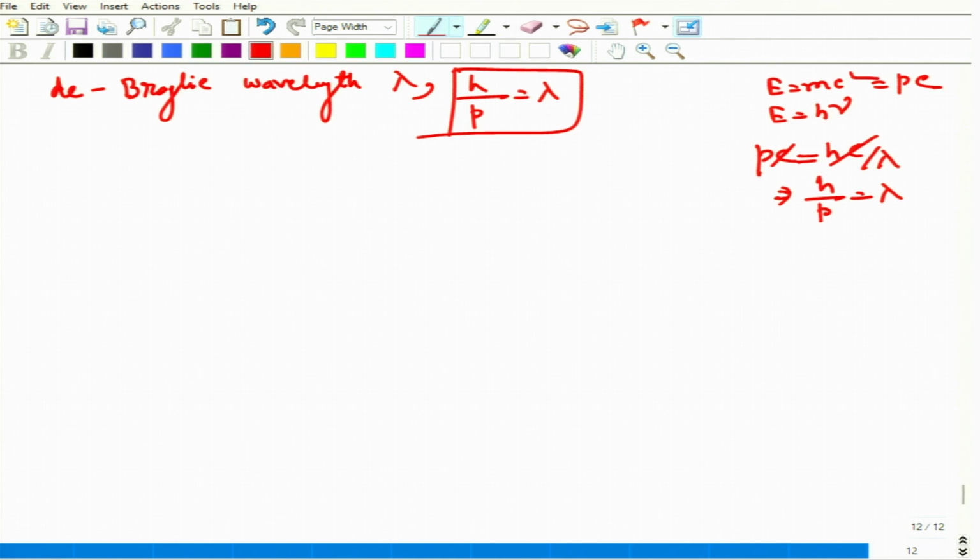Okay. So that lambda is given, and from lambda and h we can find out that p should be equal to h by lambda. But we need not p, p is the momentum, we need the total energy. So that should be equal to p into c. From that also we can do, right?